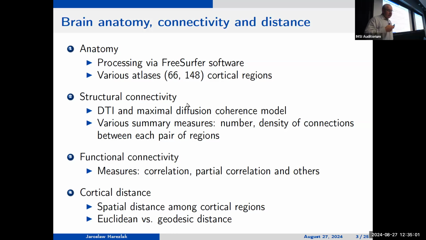It's mostly using diffusion tensor imaging methods, but also going further into more modern methods of processing such data. For functional connectivity, we're still relying on correlation, but can use other ways as well. And with cortex, we are also looking at the anatomy.